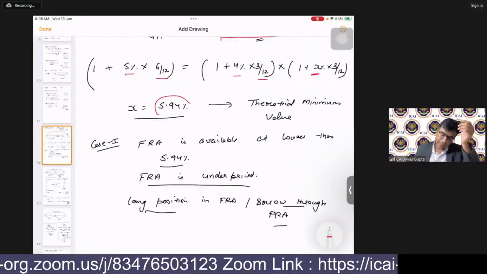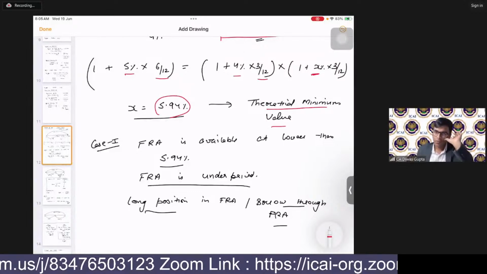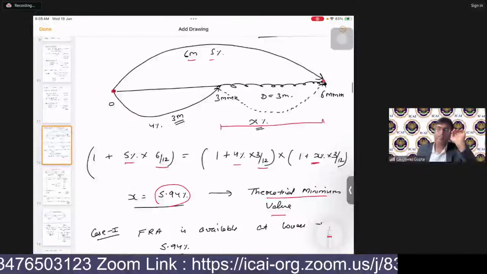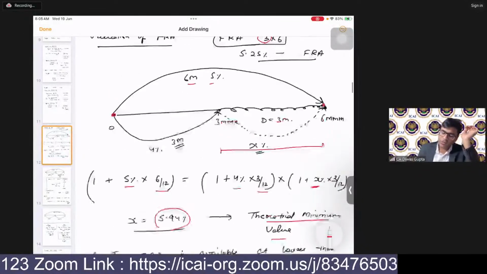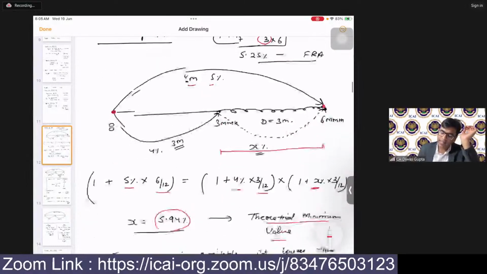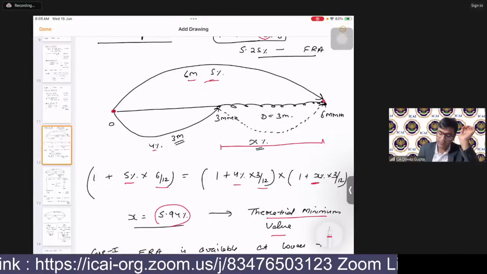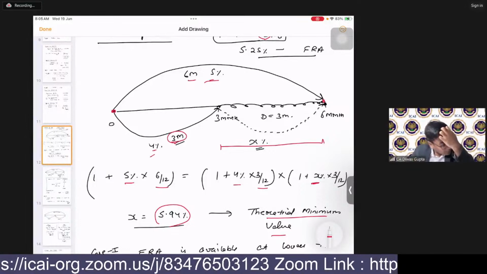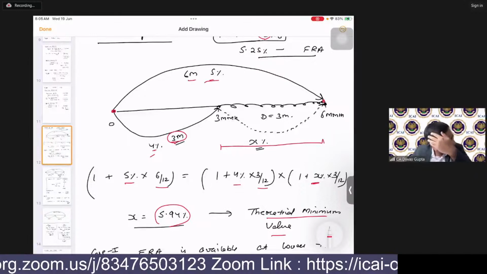So X becomes 5.94. This we also call a theoretical minimum value. Clear? So at least 5.94 should be the 3 to 6 months FRA quoted price in case the 6 months interest rate is 5% and the 3 months interest rate is 4%. Okay. Clear, students?